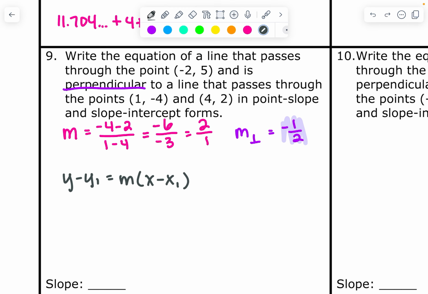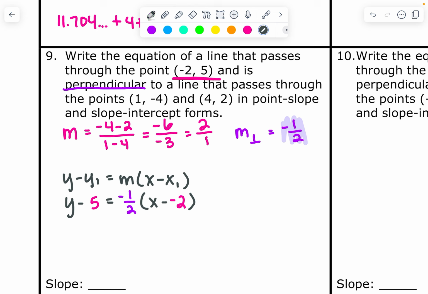So I'm going to plug that in. Again, I'm going to write this formula bare bones, and I'm just going to fill in the numbers. The x was -2, the y is 5, and the slope, we're using the perpendicular slope. So that is the point slope form.